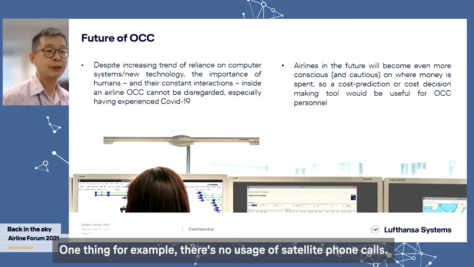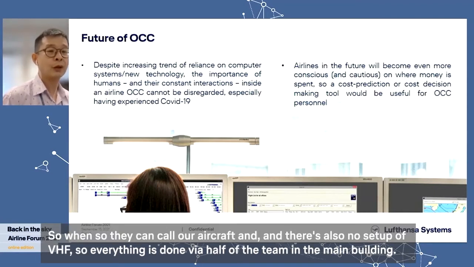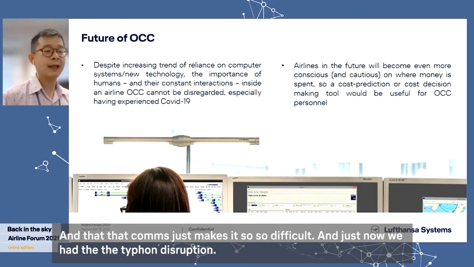One thing, for example, there's no usage of satellite phone calls, so they can't call our aircraft, and there's also no setup of VHF. So everything is done via half of the team in the main building, and that comms just makes it so difficult.